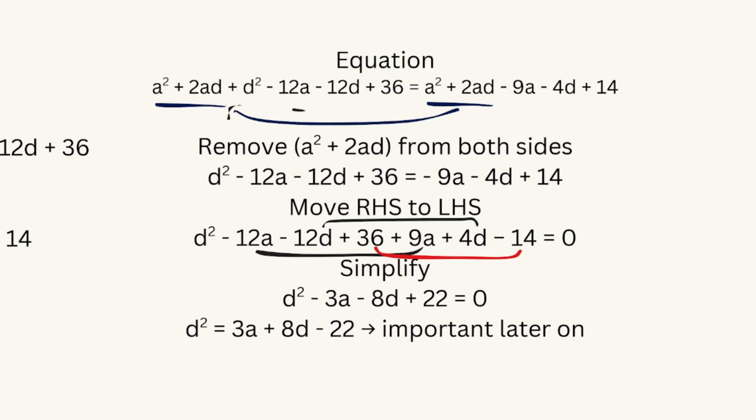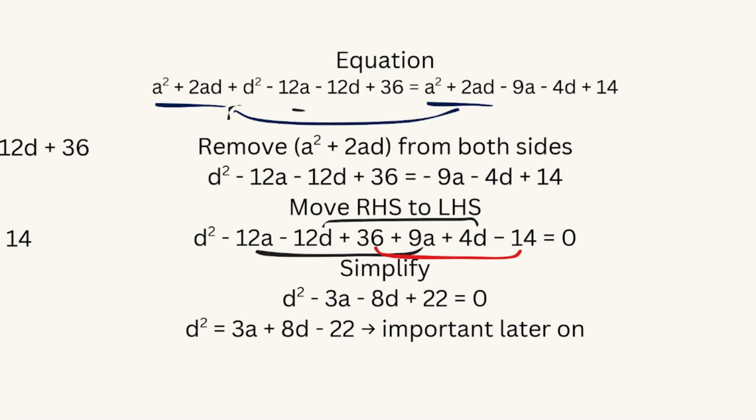Now we move the right hand side to the left hand side, which makes it D squared minus 12A minus 12D plus 36 plus 9A plus 4D minus 14.